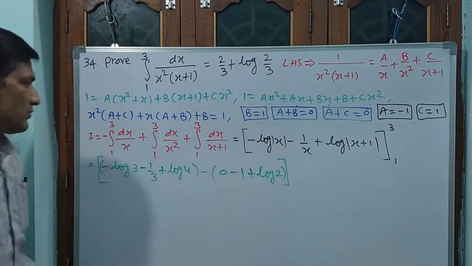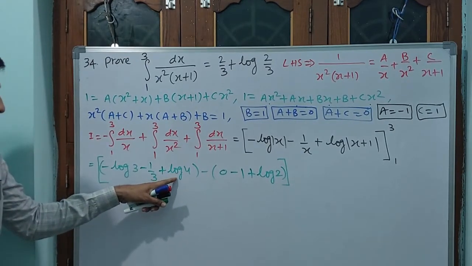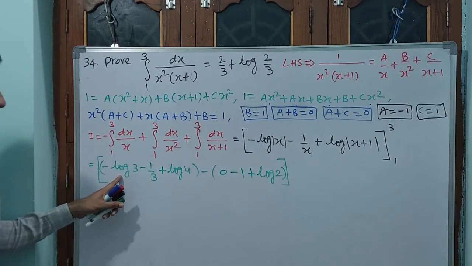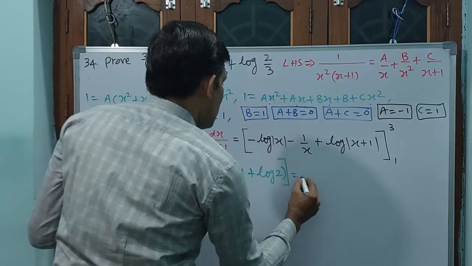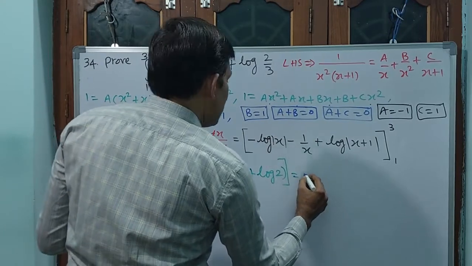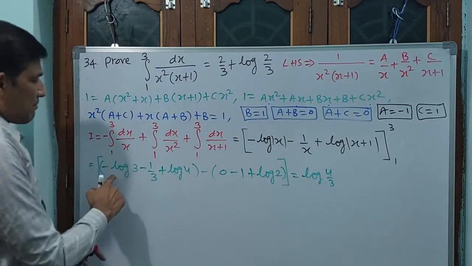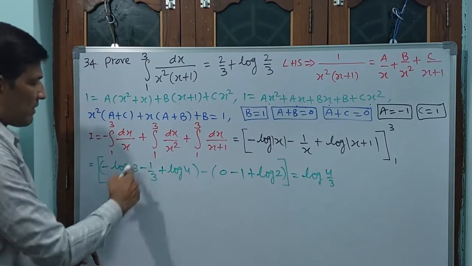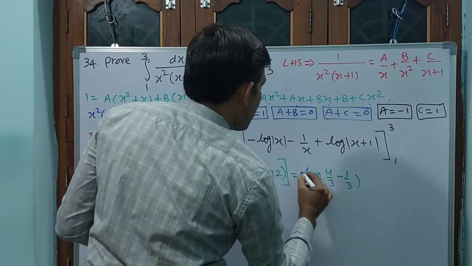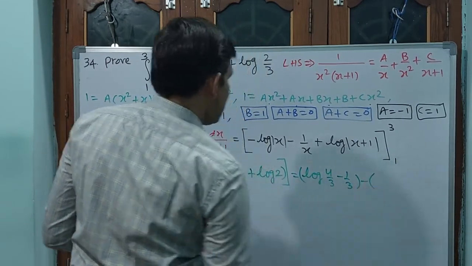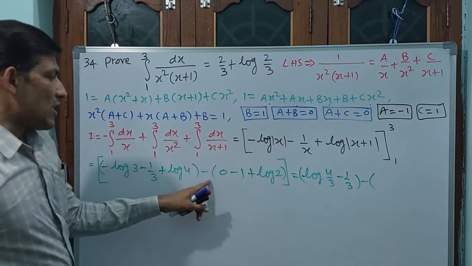Close. You see, here itself log of 4 divided by 3 you can make. Why? Because this is minus, this is plus. That is equal to log 4 by 3 minus 1 by 3 minus log 2 plus 1.